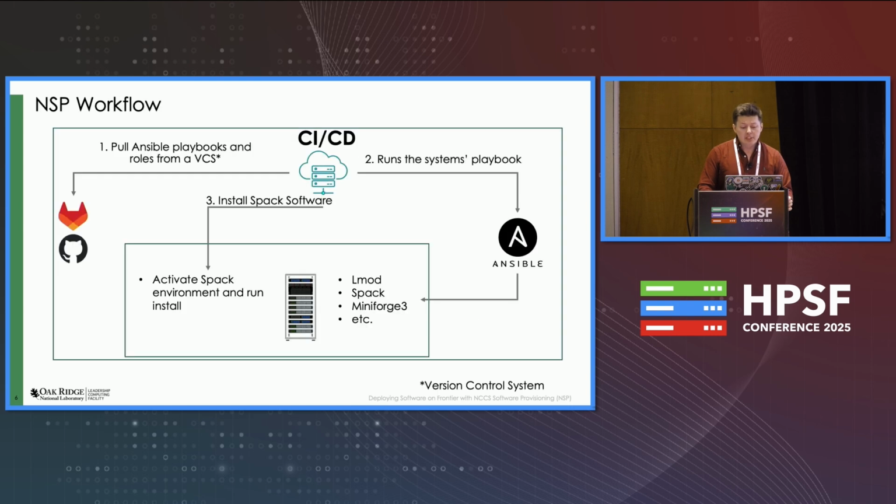But NSP is also capable of doing more than that. So this is more or less the workflow in total. We have a CD/CI, so usually, if this works automatically, it will pull the Ansible playbooks and roles from our Git repos. Then it's going to run the Ansible playbooks on the machine. So it's going to configure LMOD. It's going to install Spack, if that's a word.